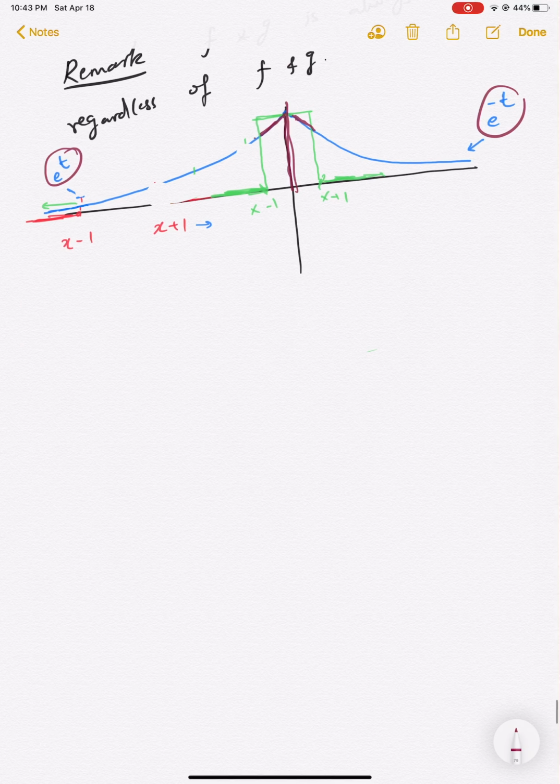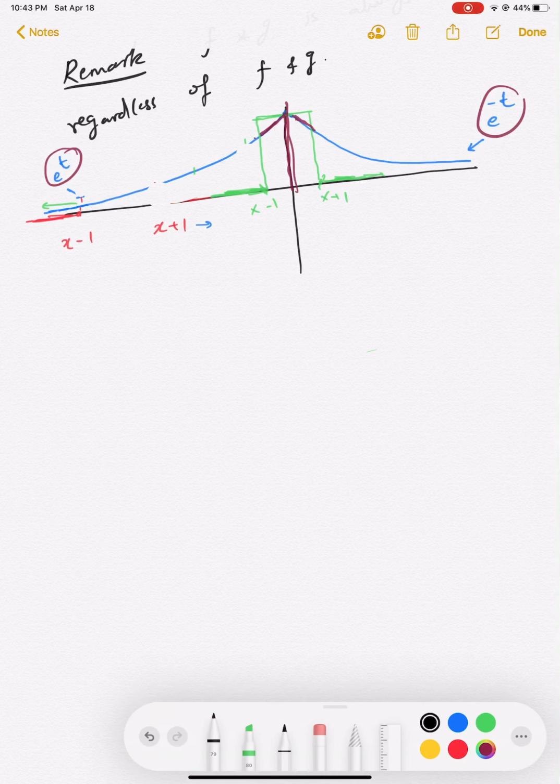Now I would like to have two more examples about the convolution. And as you've seen in the previous video, the computations of the convolution are not very immediate. We have sometimes delicate computations, so we need to familiarize ourselves with these computations.